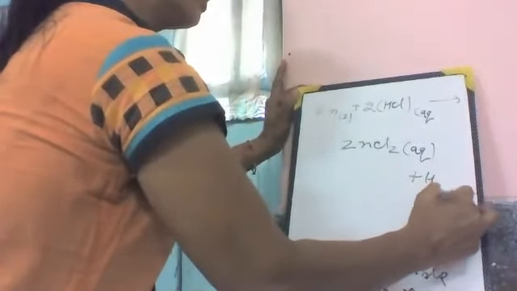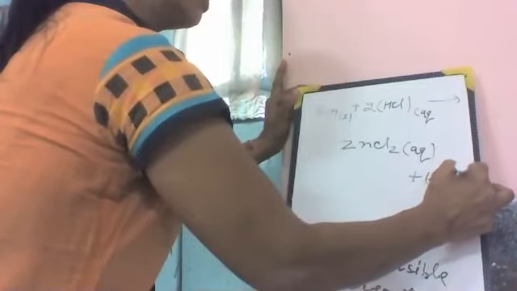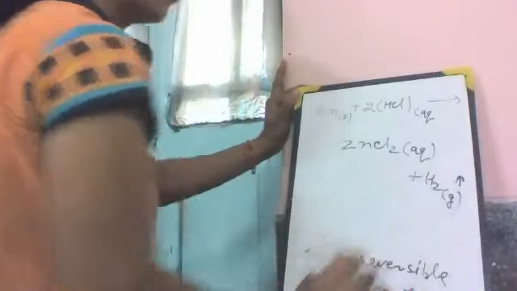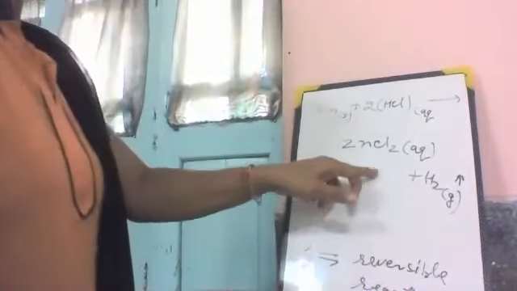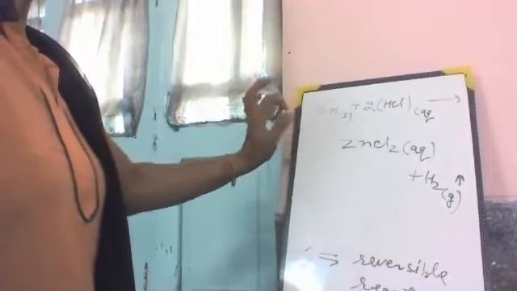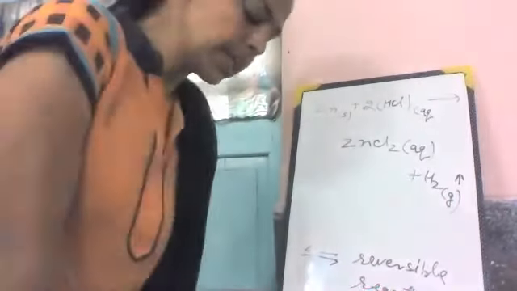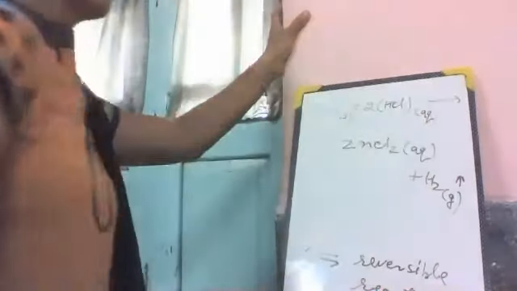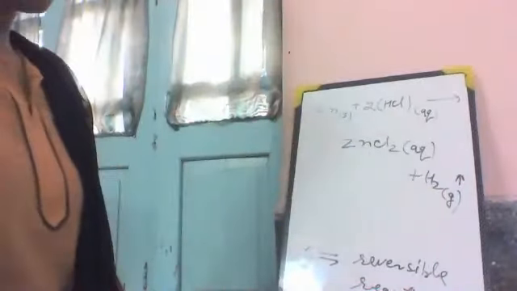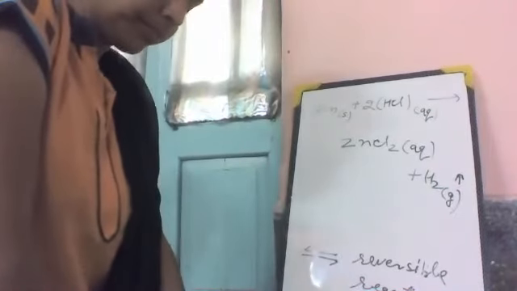Hydrogen we can put as G, or we may take an upward arrow to show that the gas goes into the atmosphere. From this we can make the reaction more informative by using these symbols, signs and letters.